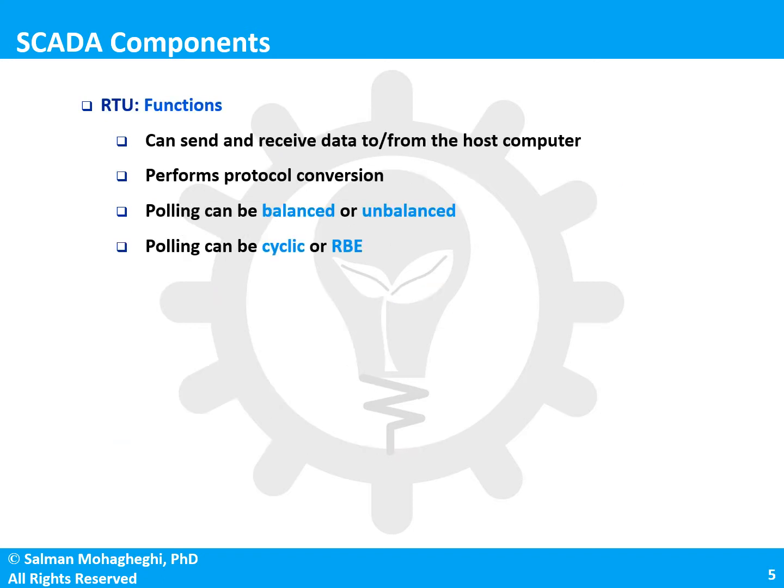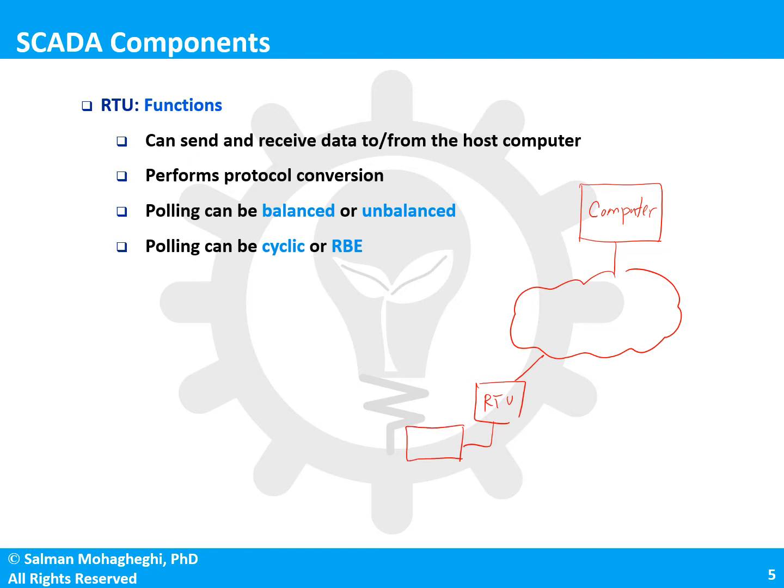In addition to providing an interface between a physical component and the SCADA system, an RTU can perform protocol conversion. This may be necessary if you have a SCADA system which is designed based on a newer IP-based protocol such as IEC 6870, and it's connected to, let's say, a legacy device, some sort of a device which is generating data based on an older communication protocol like a serial Modbus, for example.